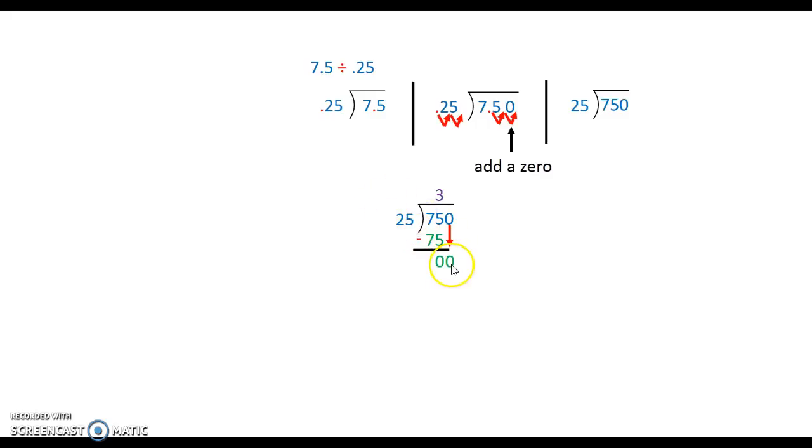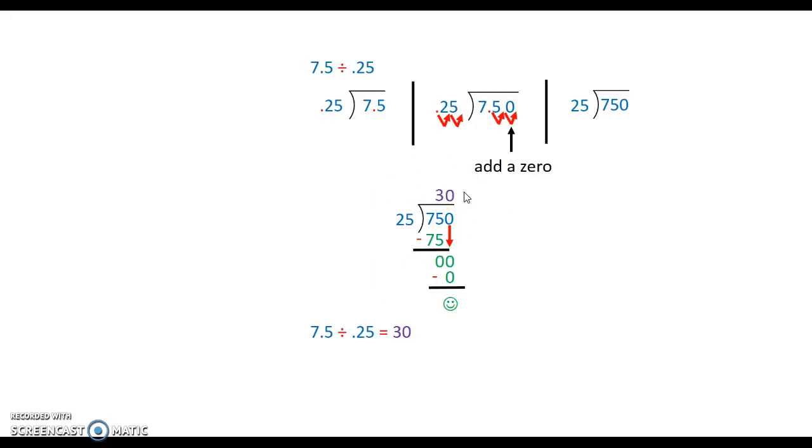Now, 25 goes into 0 zero times. This is an easy one. 0 times 25 gives me 0. So when I subtract, I'm left with 0. And since there's nothing else to bring down, now I am done and can have a smiley face. So in conclusion, 7.5 divided by 0.25 equals 30.